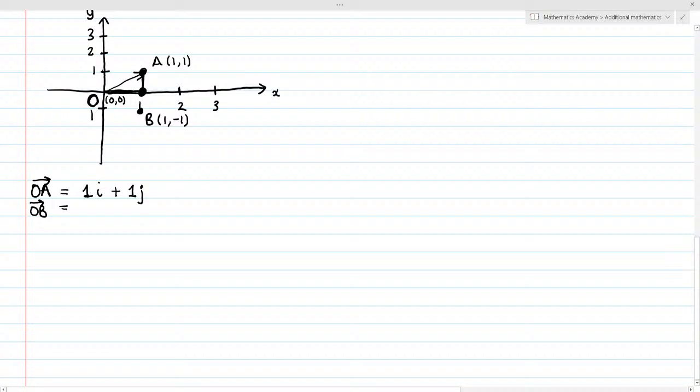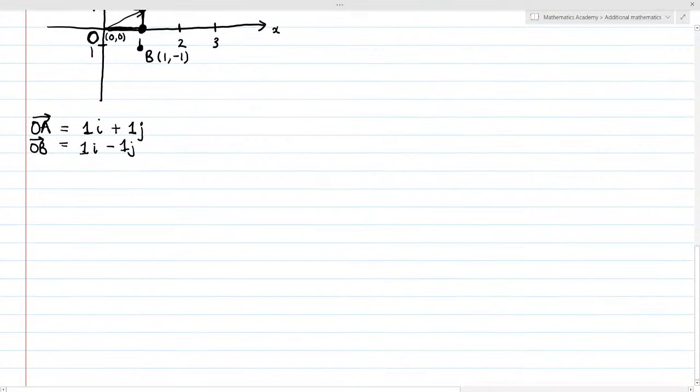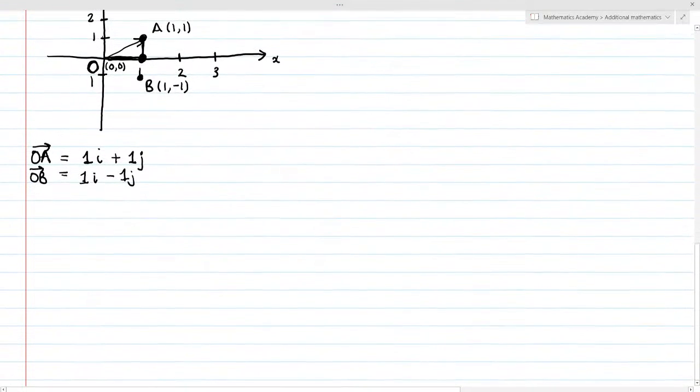Well, we move 1 unit to the right, so that's 1i, and then we move this time 1 unit down. So that's not 1 unit up, that's 1 unit down. Down is the opposite of up, and so we denote that using a negative number. So it's minus 1j, as though we're moving up negative 1 units. That should be quite basic.